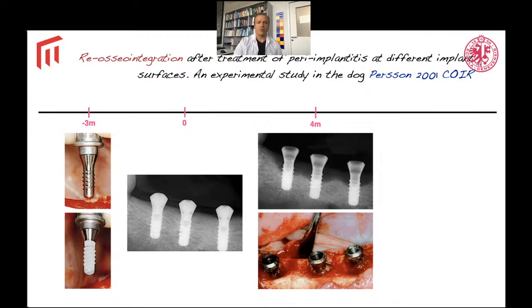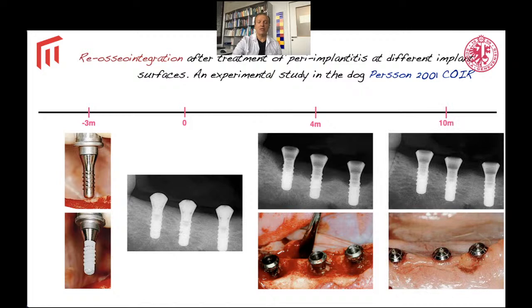After some months, where you can see that we have a bone loss of about 30 to 40% of the implant height, the implants were revisited. They performed open flap debridement, removed the granulation tissue, took gauze with sterile saline and rubbed the implant surface to decontaminate it, and then closed up, so no regenerative approach.